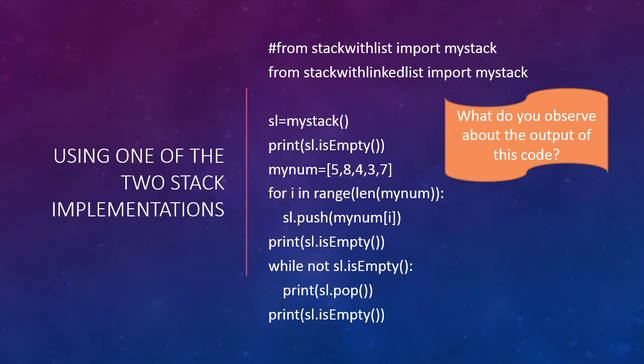Then I take a list. 5, 8, 4, 3, 7 are the contents of this list. And then in a for loop, I push these elements onto my stack object. Now I again print the empty status of the stack, which will be false because I have just pushed in 5 elements.